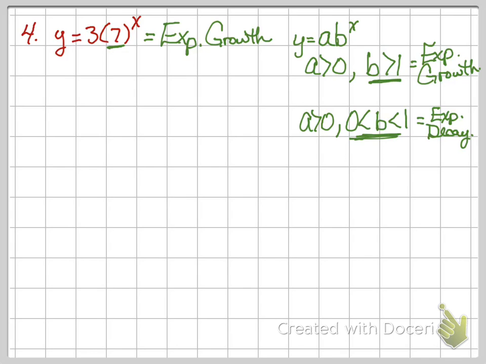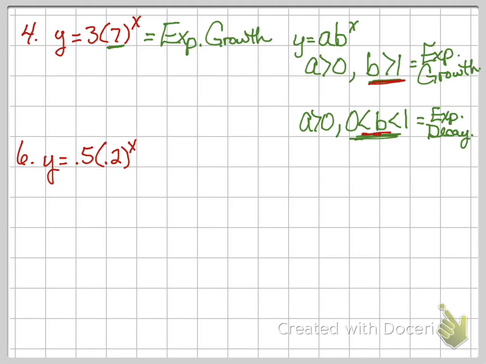Let's look at one more. Let's look at 6. Y is equal to 0.5 times 0.2 to the x power. Again, we are looking at b, not at the a.